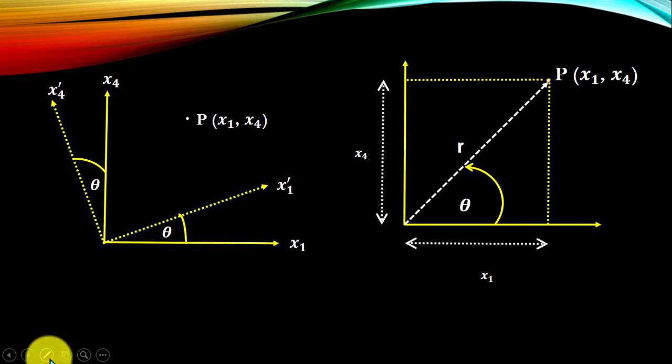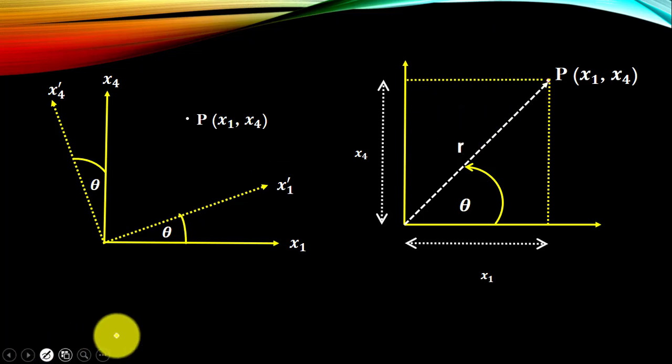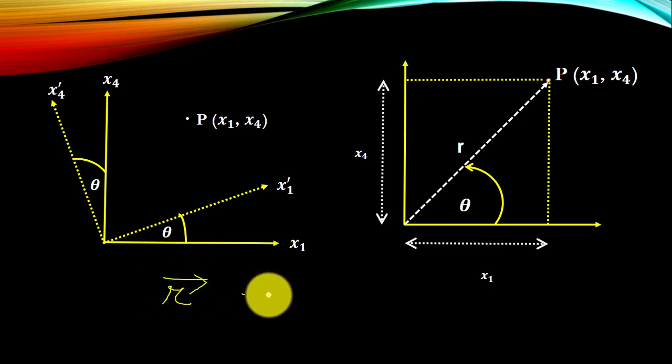So as you know, if I have to represent this particle, suppose r is the position vector of this particle, then you know that r is going to be represented as x1 times the unit vector defined in this direction.